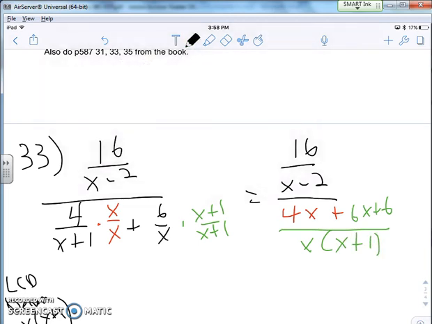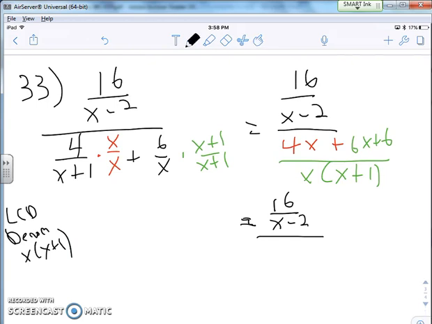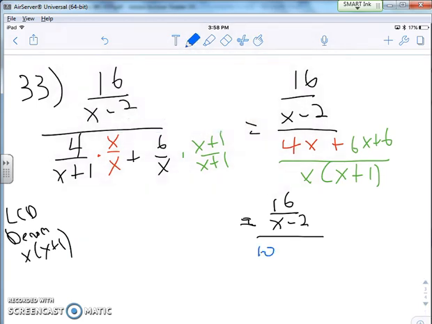Let me simplify this. So that equals 16 over x minus 2 all over 10x plus 6 all over x times x plus 1.